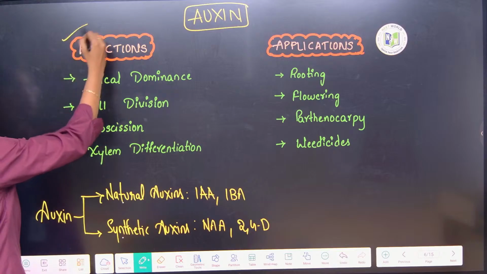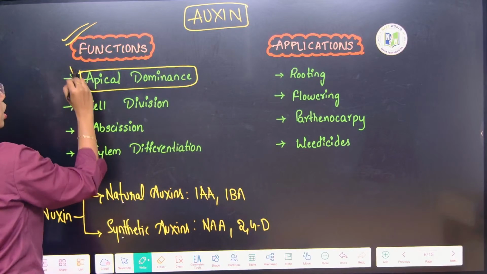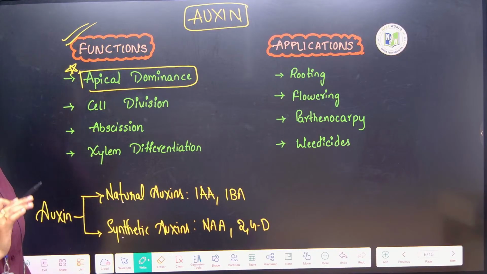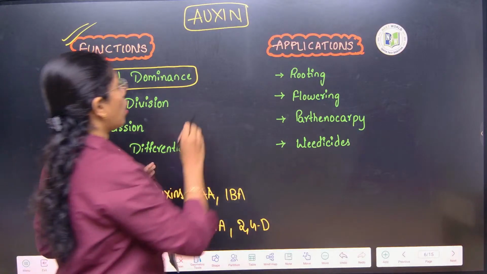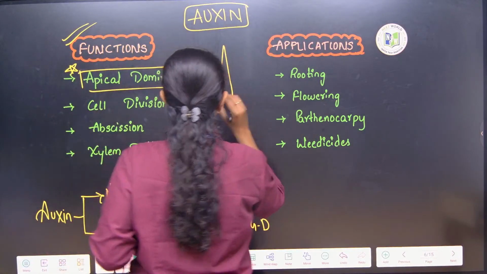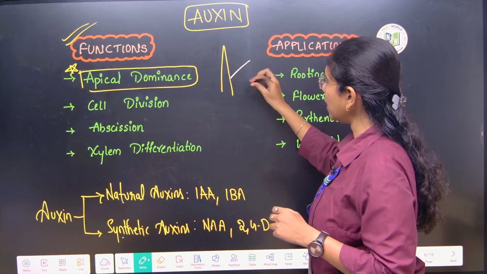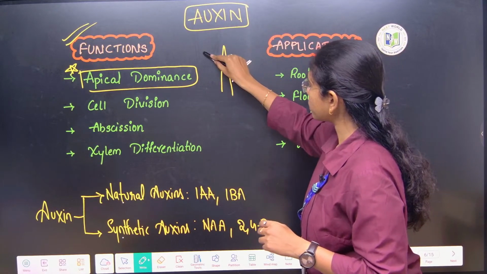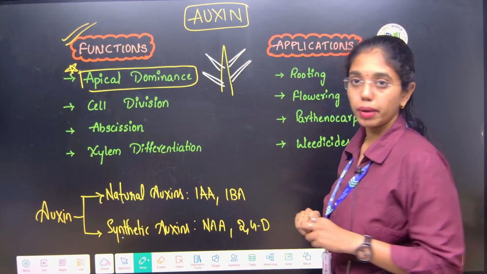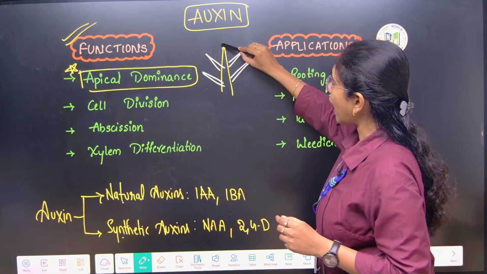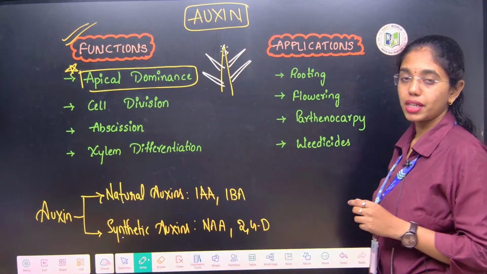First, know about the physiological functions of auxins. First is apical dominance. Quite a few times you get this in NEET and MCET. Okay, apical dominance is very important. What is apical dominance? If I consider this as the main apical part of the plant, these are the lateral buds and this is the apical bud. Auxins are majorly present in the shoot apical meristem and root apical meristem.